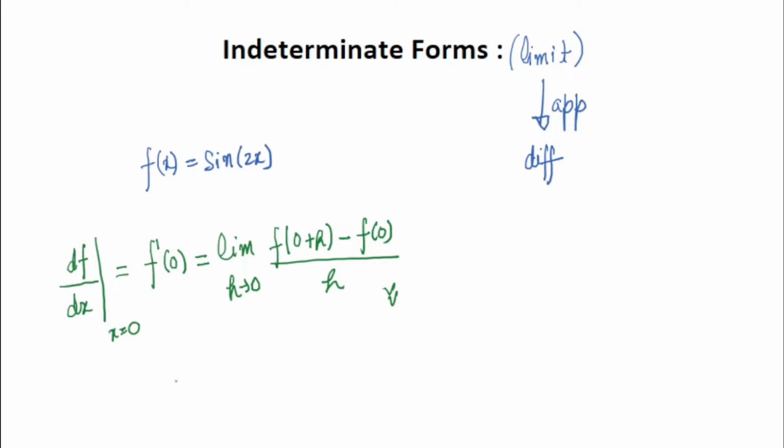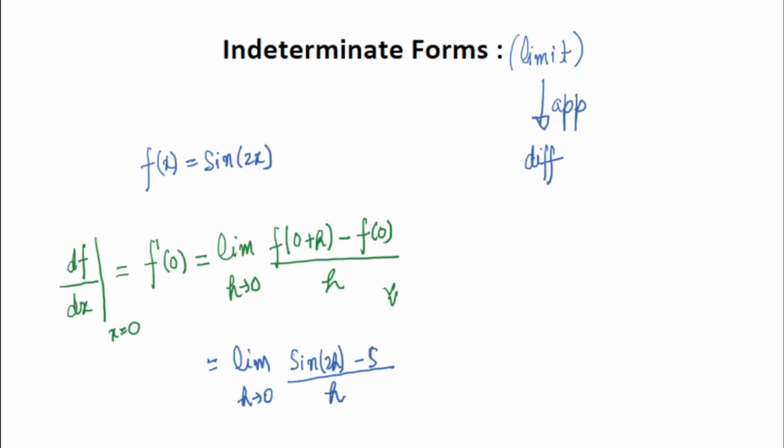The f(x) is equal to sin 2x. If we put it in terms of the limit, limit h tends to 0, at f(x) we put sin 2x, but here we are solving in terms of h, so sin 2h minus sin 0, and upon h.